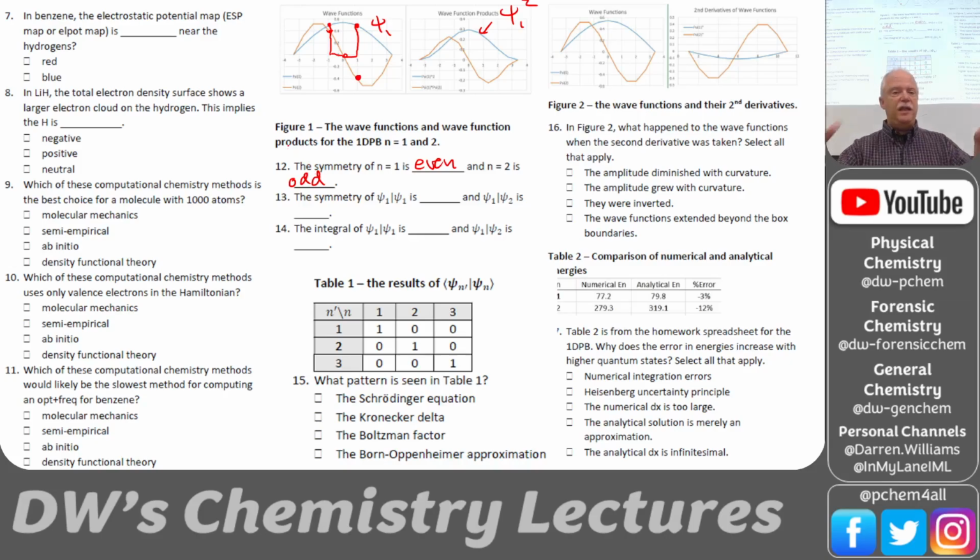And you can see that in the function when you look at the picture. Just look at where 0 is, and is the left side a mirror image of the right side? If it's a perfect mirror image, the left and the right side look the same, then it's even. If they have the same shape but opposite sign, then it's odd. So you can see the red or orange curve is positive on one side, negative on the other side, but the same general shape.